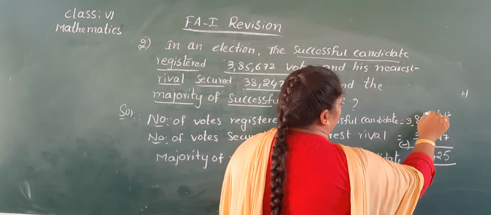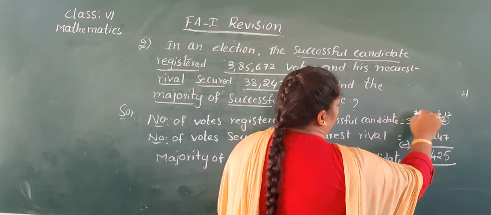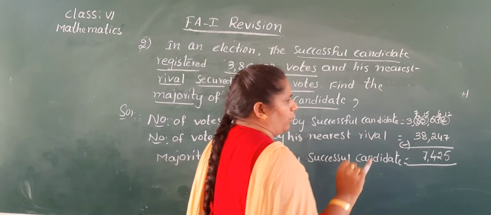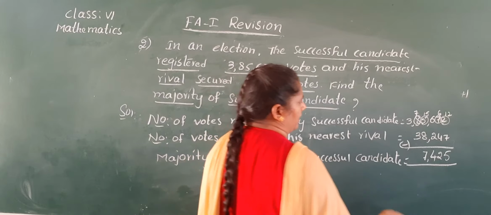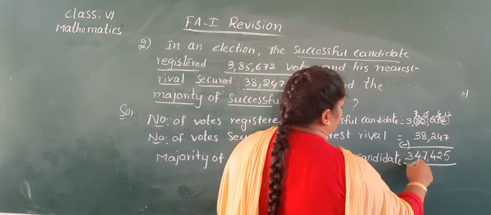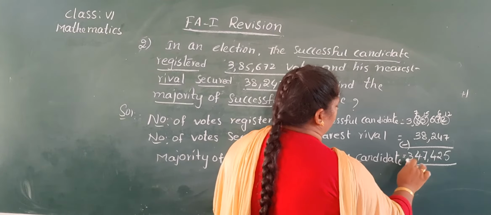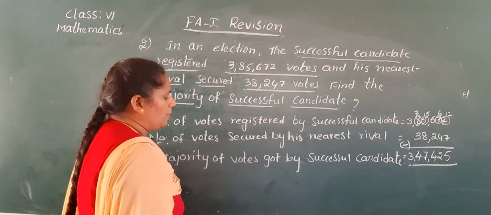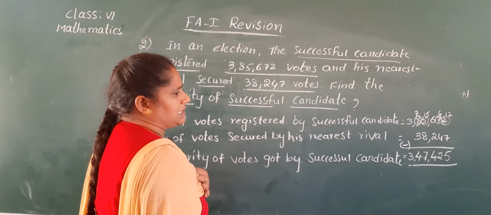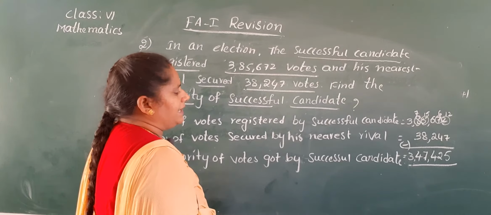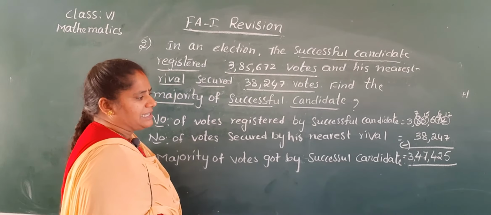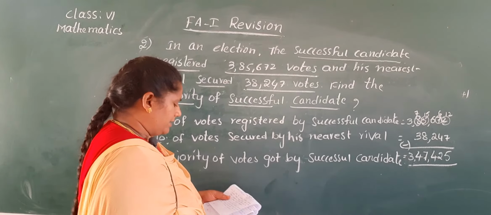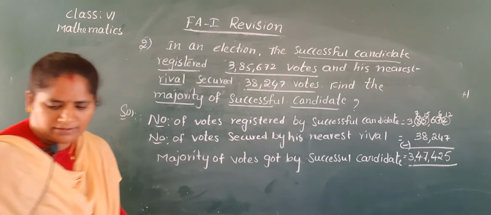So, you have to take borrow. 8 to 15, 7. 3 to 7. 3 after 4, 5, 6, 7, 4, 3. So, 3,47,425. How many votes got by the successful candidate? Yes, 3,47,425 votes. Okay.